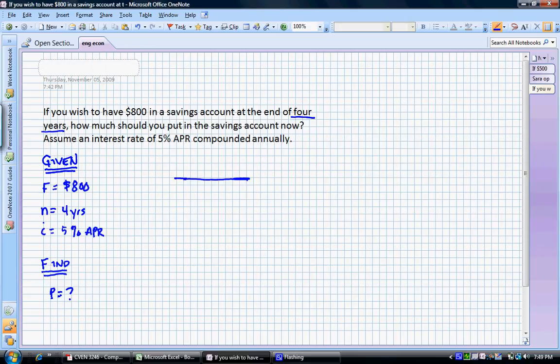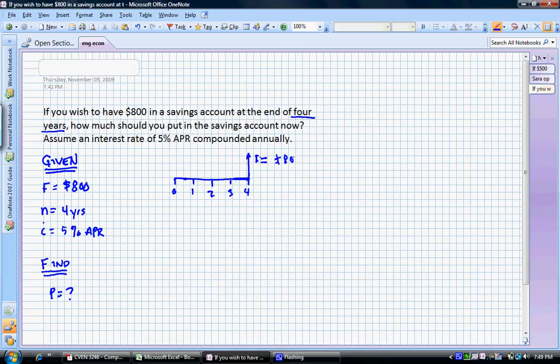Okay, draw that across. We're dealing with a 4-year period, so we start at time 0, 1, 2, 3, 4. Label that 0, 1, 2, 3, and 4. We know that we have a future amount that we want to be able to withdraw, F, which is equal to $800.